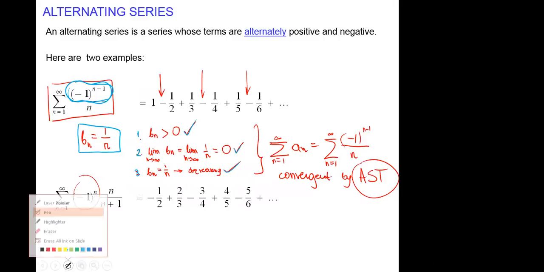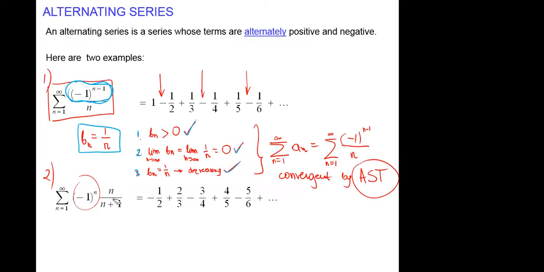Let's look at my second example. This was the first one, this is the second. We also have -1 to the n, so it's definitely alternating, but let's look at the b sub n formula, the formula without this, which is n over n plus 1.